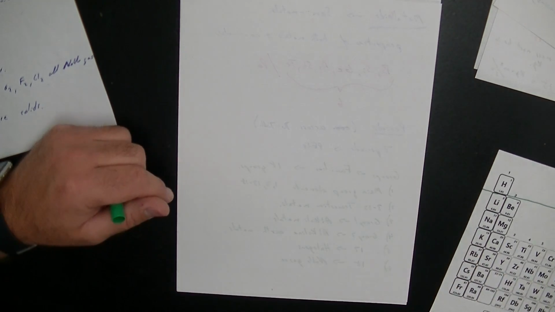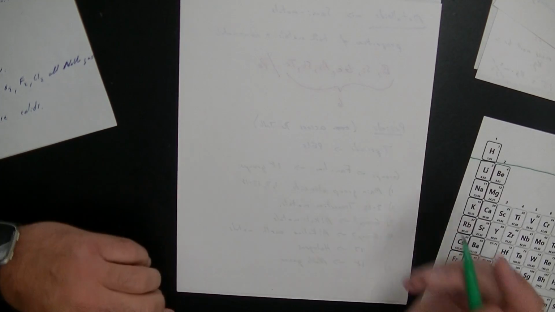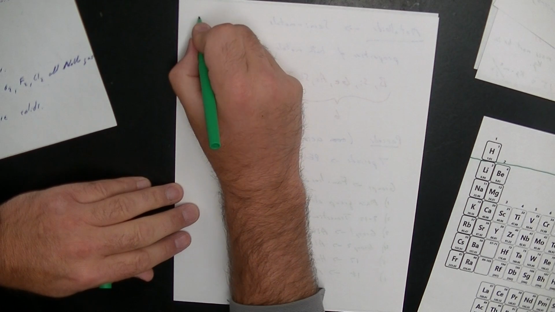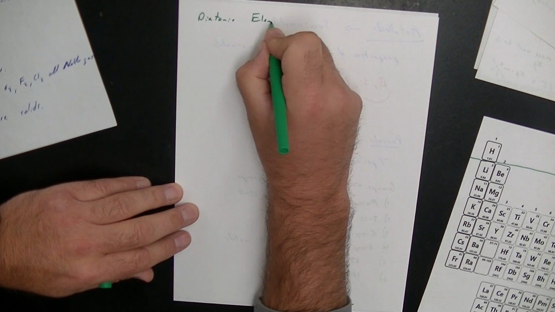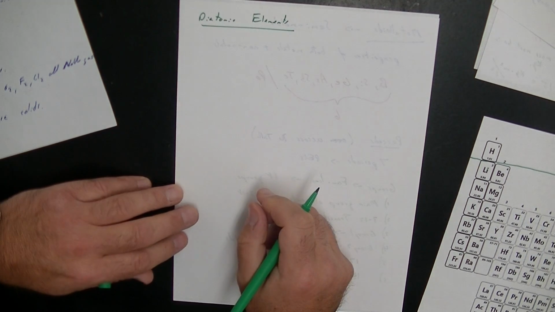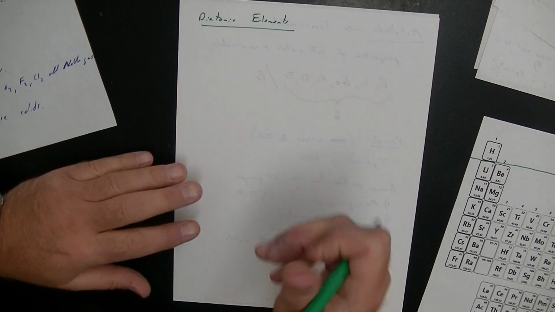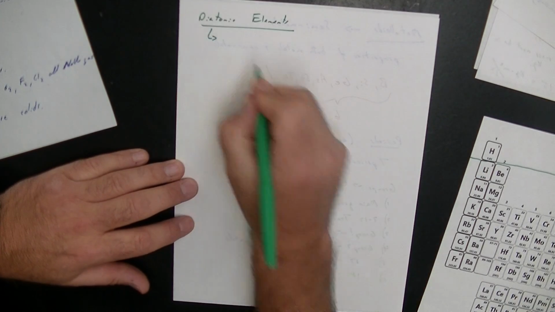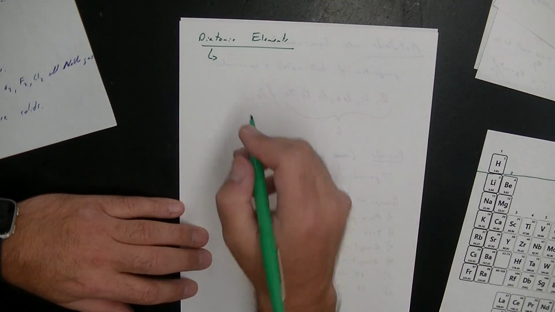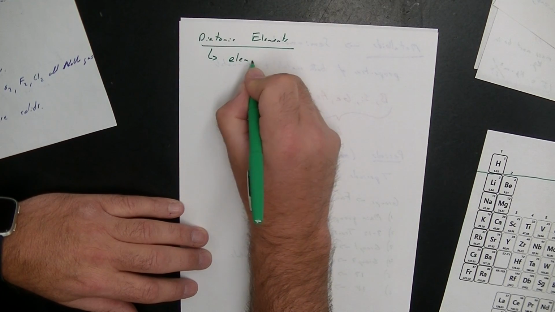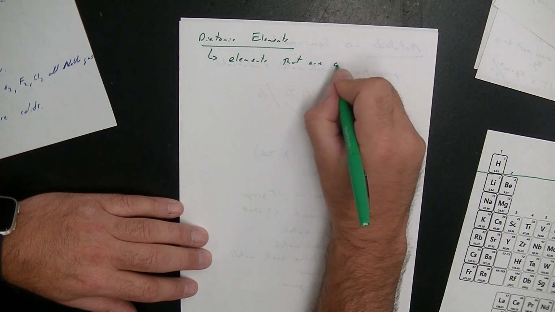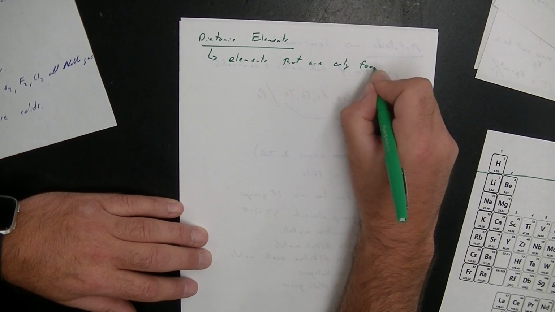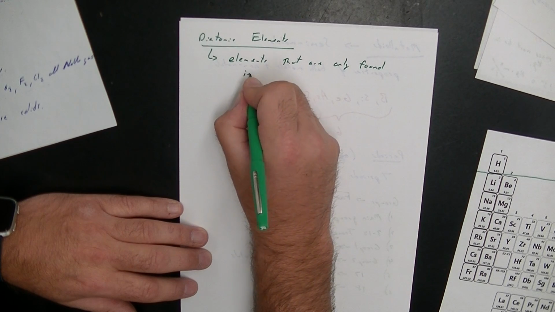Let's see, some other things that you should know from the periodic table. We should probably talk about the diatomic elements real quick. So the diatomic elements are elements that are only found in molecular form.